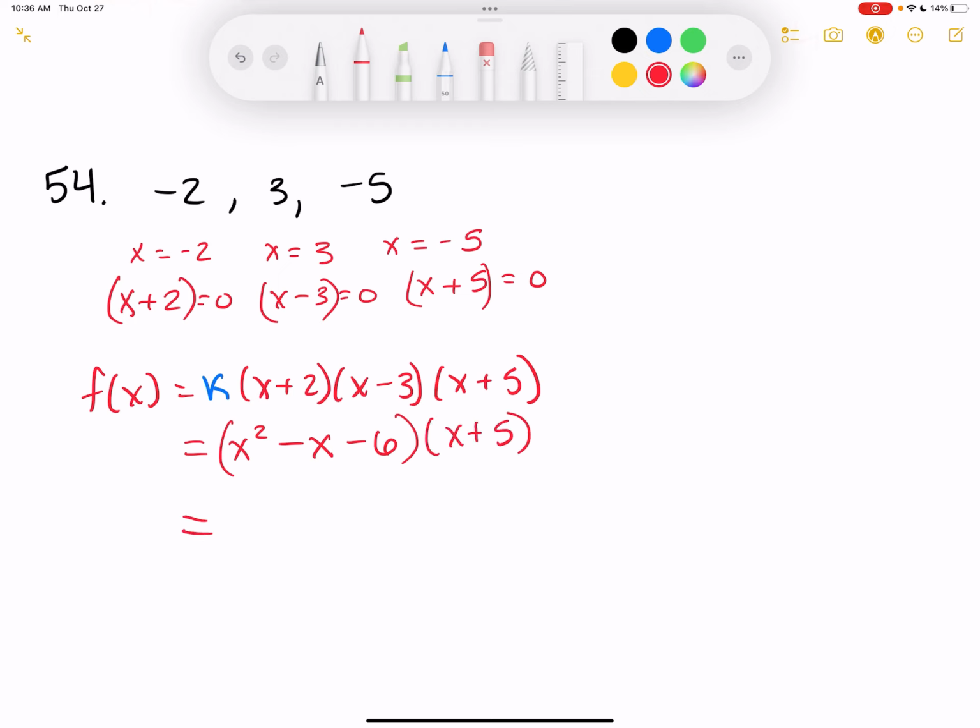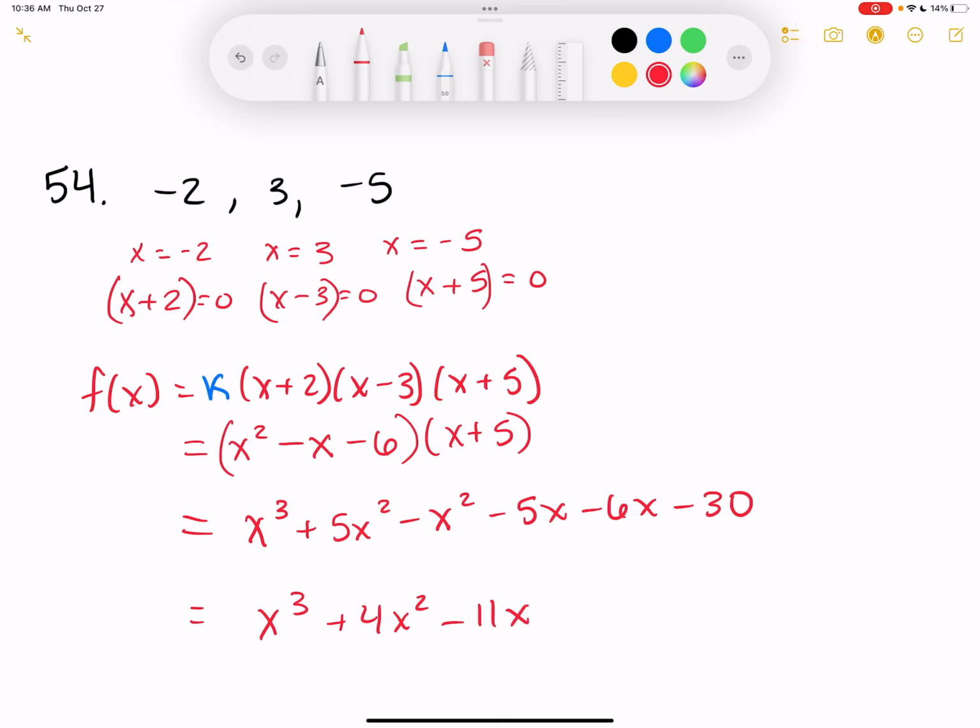So I've got x cubed plus 5x squared minus x squared minus 5x minus 6x minus 30. Then simplify: x cubed plus 4x squared minus 11x minus 30. And that would be your function with the given zeros.